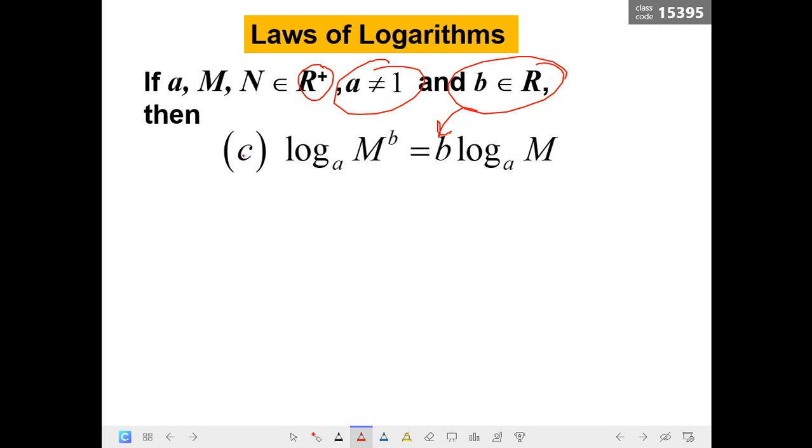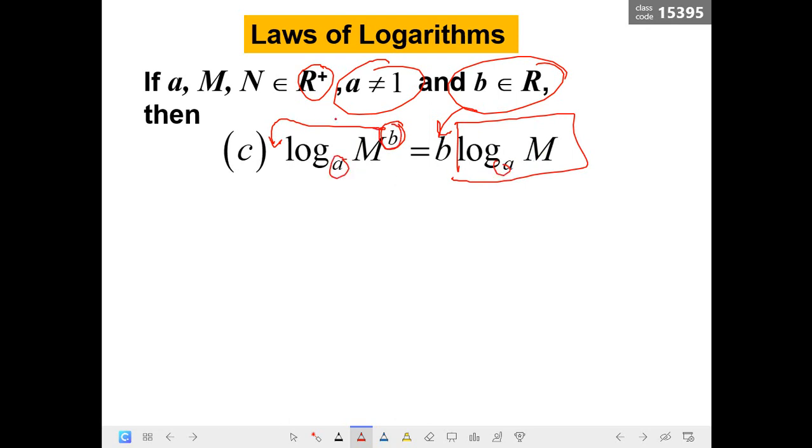So for part c, log m to the power of b, base a, we can bring b to the front, and you get b times log m to the base a, same base a.